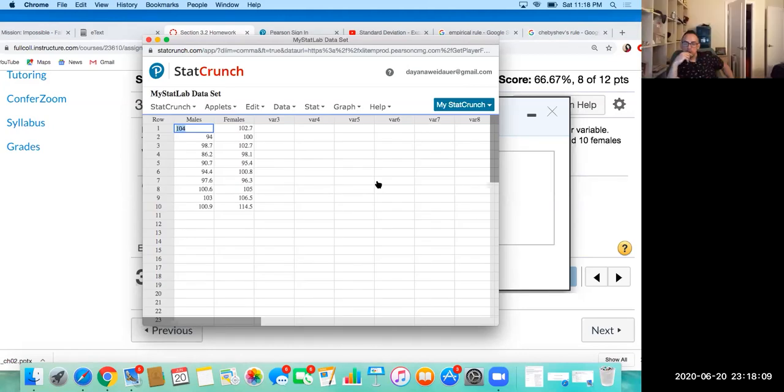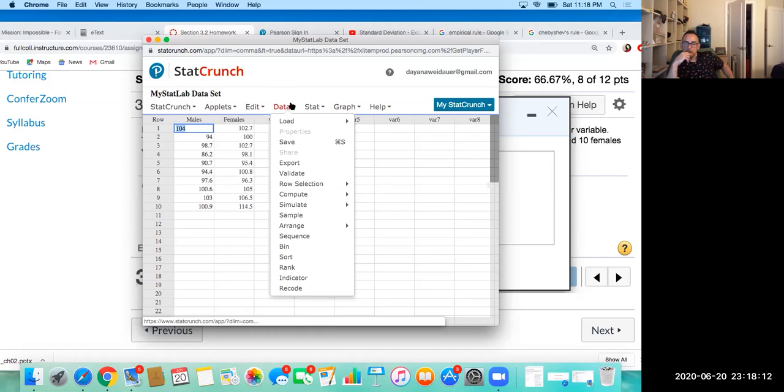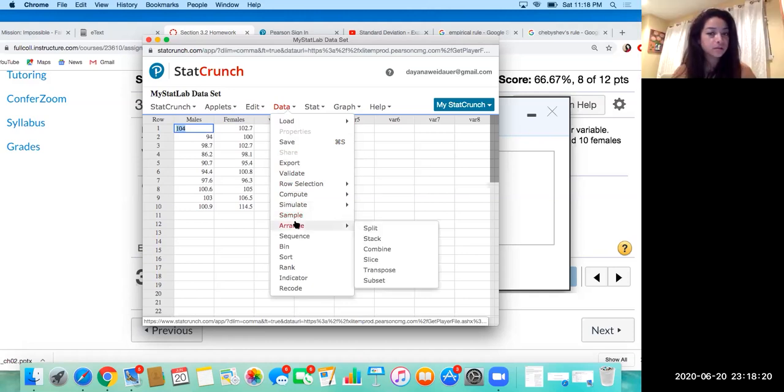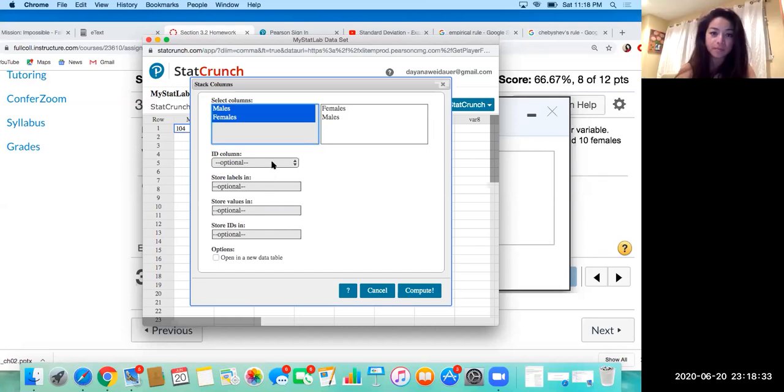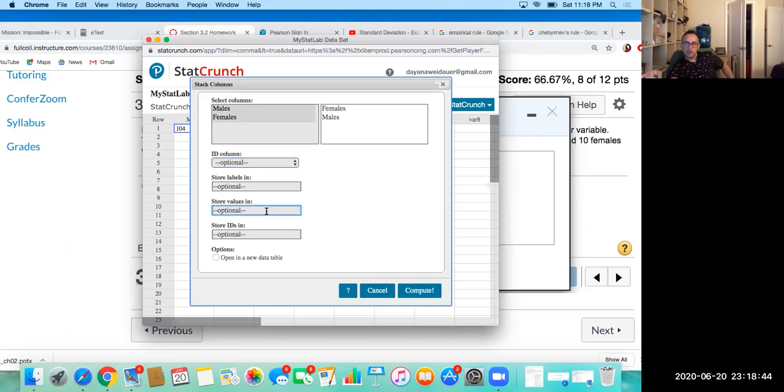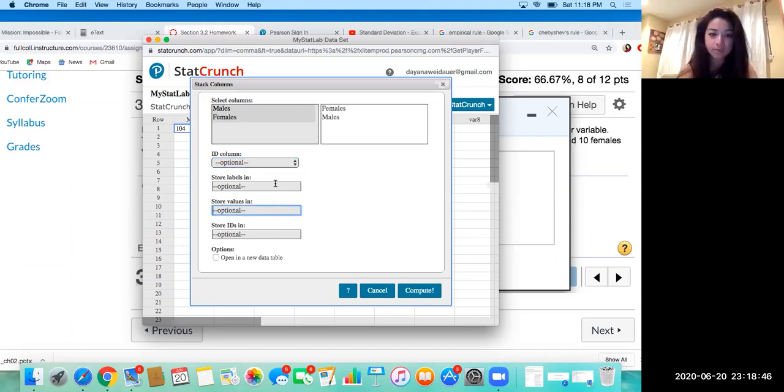Click data. Arrange. Yeah, stack. Good job, teamwork. Now click them both. I don't know if this is going to work, but I'm trying. Store variables in. Never mind, just press compute.